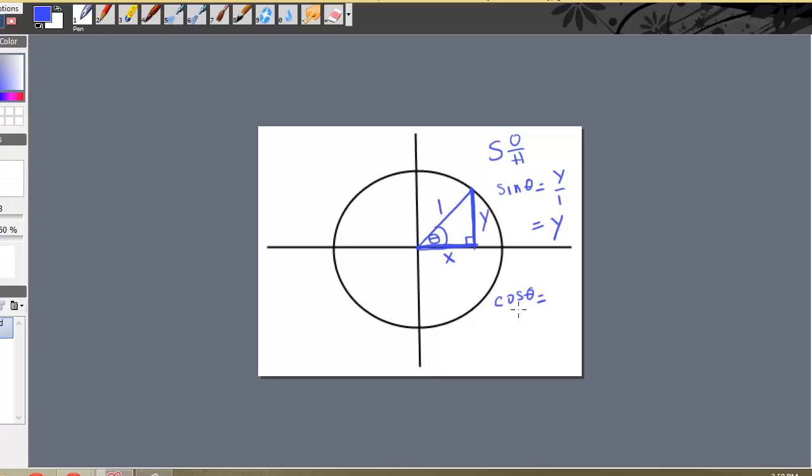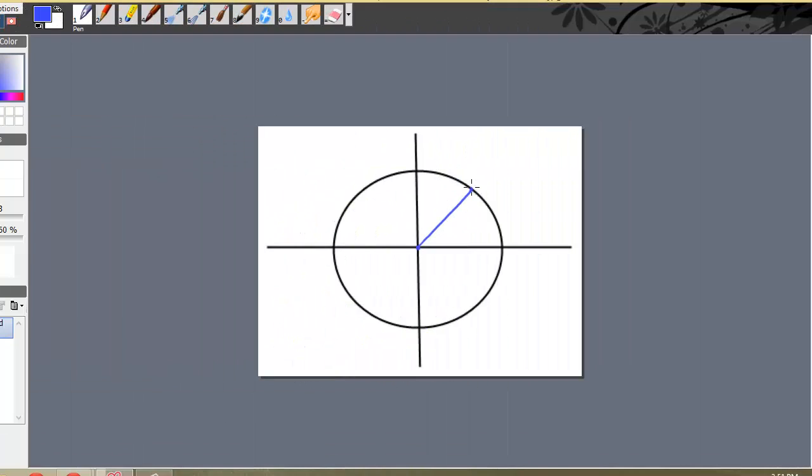This is the next problem. Cosine of theta is equal to what? Adjacent over hypotenuse, because in your SOHCAHTOA, the cosine is equal to adjacent over hypotenuse. So now this is your reference angle again. Adjacent to that reference angle is x. So we've got x over the hypotenuse of 1. So it's x over 1, which is simply x. So your cosine of theta is equal to x.